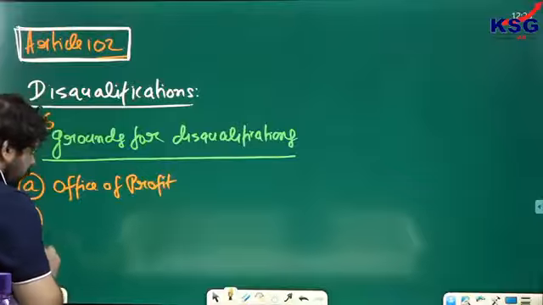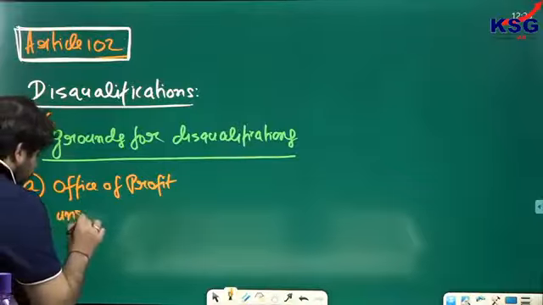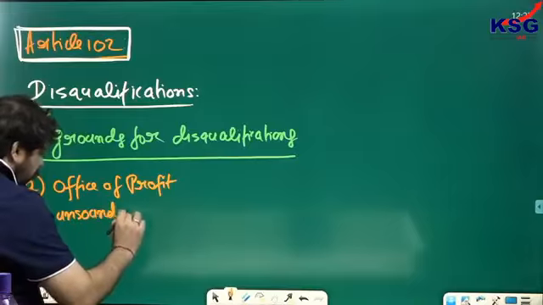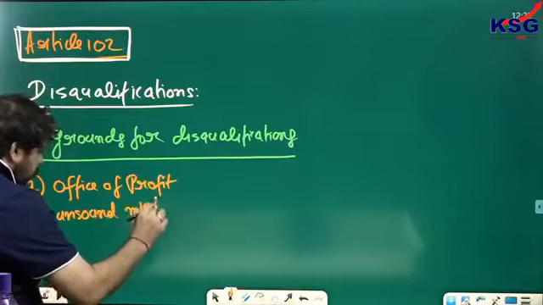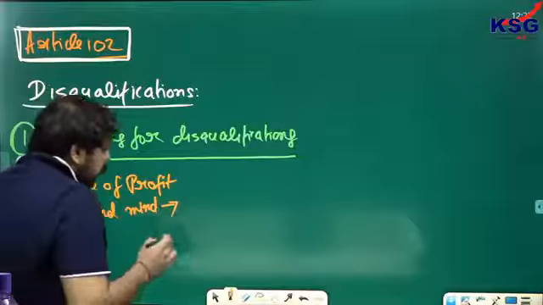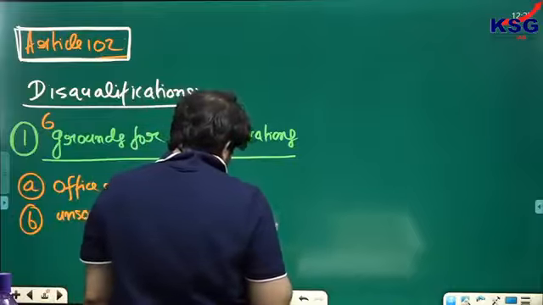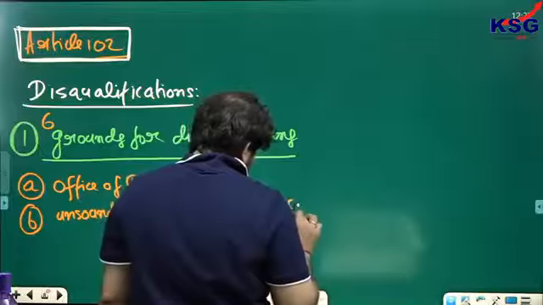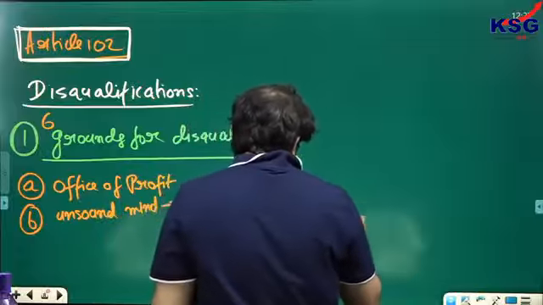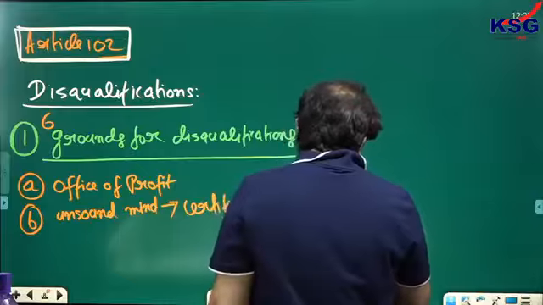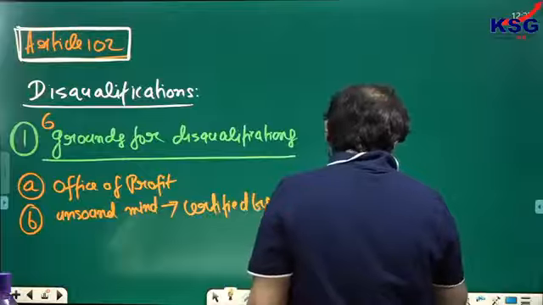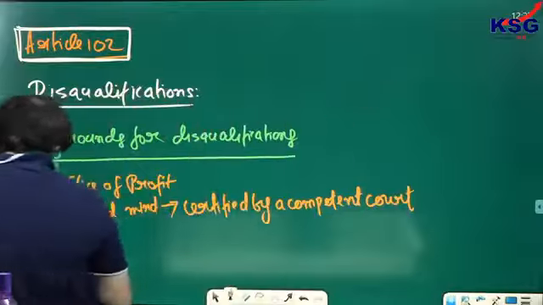Then there are questions related to unsound mind. If a member of parliament is of unsound mind as certified by a competent court, he can be disqualified.